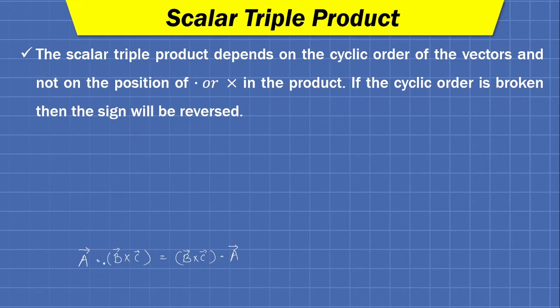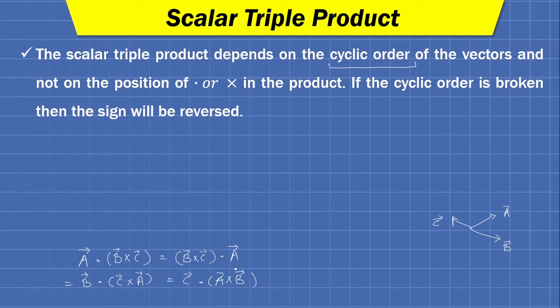And if we follow the cyclic order, we define a cycle like a bar, b bar and c bar. Then if we follow the same cycle either clockwise or anti-clockwise, it will be the very same. So a bar dot b bar cross c bar will also be equal to b bar dot c bar cross a bar. It will also be equal to c bar dot a bar cross b bar.